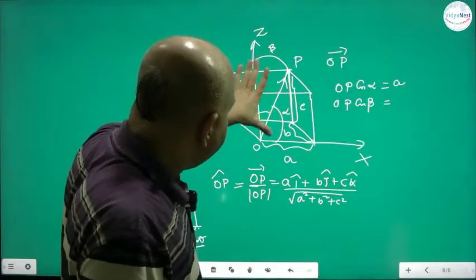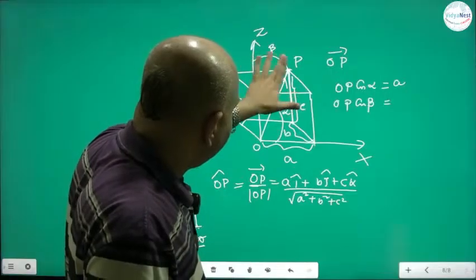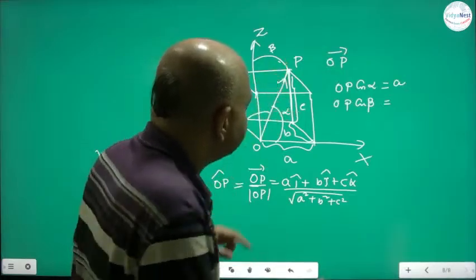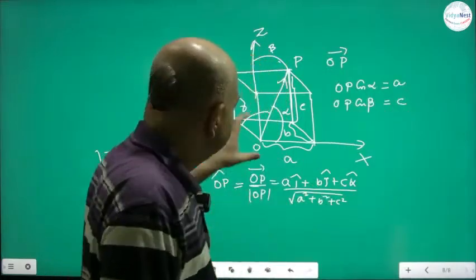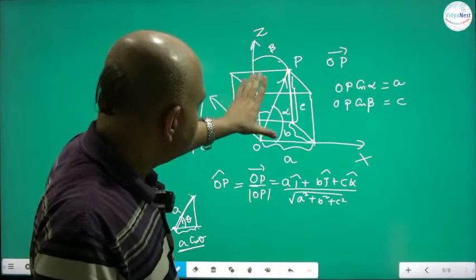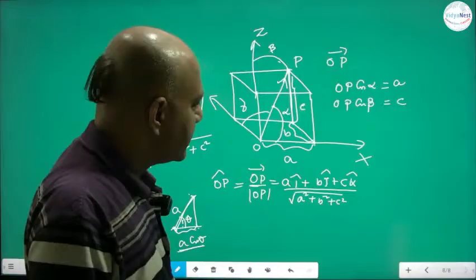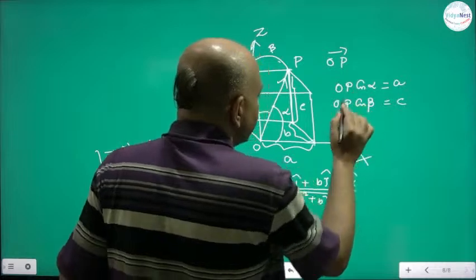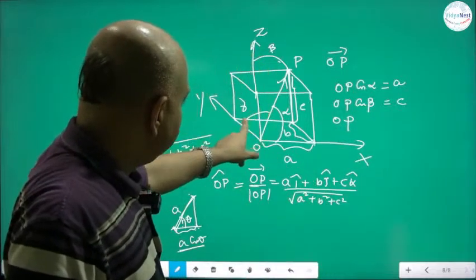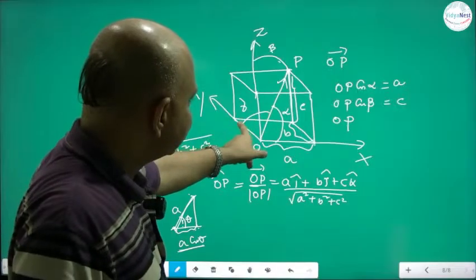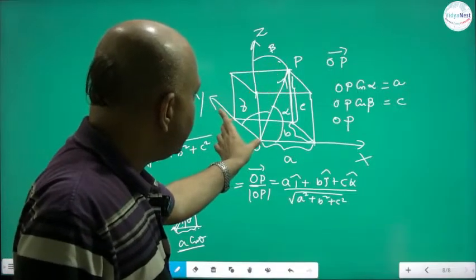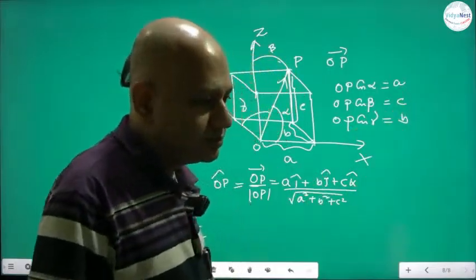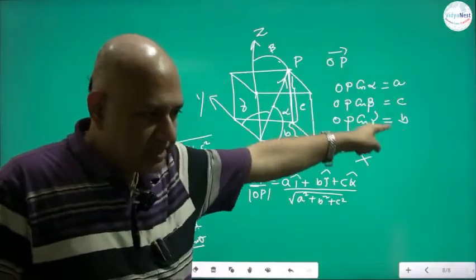This OP is making the angle gamma with the z-axis, and the component along the z-axis is equal to C. Similarly, OP cos beta is the component along the y-axis, equal to B. Is it clear? Up to this point it is clear.